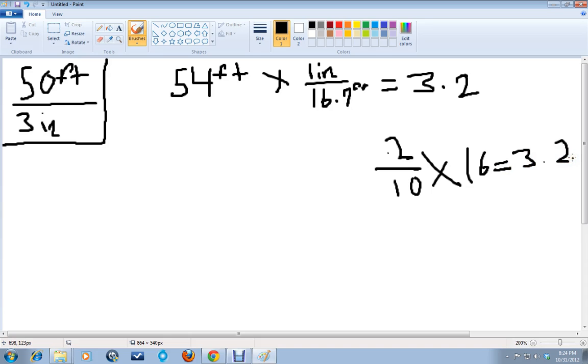Now remember, you might not exactly get the number 3.2, but if you round it, then maybe you'll get 3.2. Sometimes it'll just be an exact number, and sometimes you won't need to round it up. So you'll have 3.2. So remember, you start off with the original first number in the first part of the calculation.